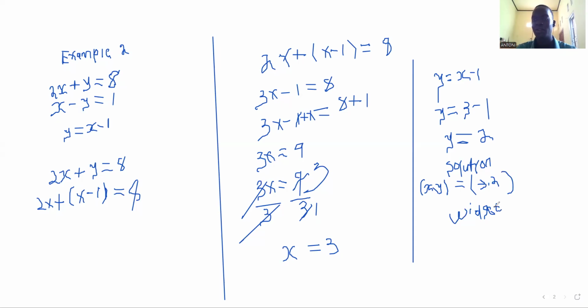So it's going to give us 2x, which has been given as the first equation: 2x plus y is equal to 8.